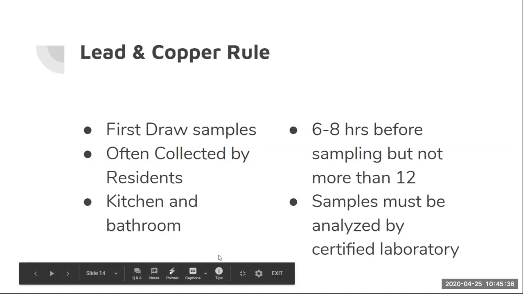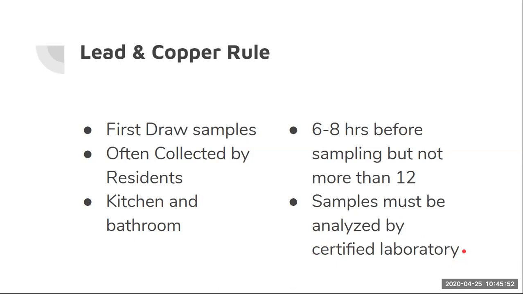Now, with all of what we have mentioned, anytime we're doing analysis, the sample must be analyzed by a state certified, mind you, laboratory. We want to ensure that the people, the company and the equipment being used are up to standard and give us results within a certain level of accuracy.